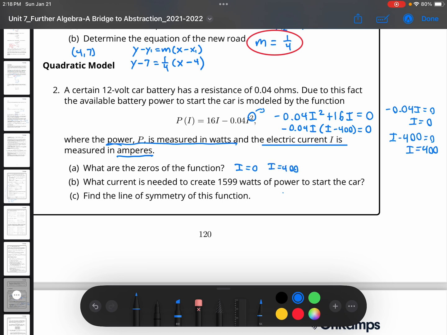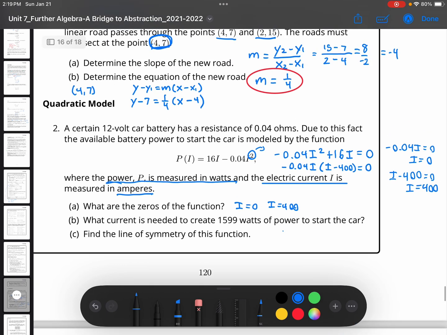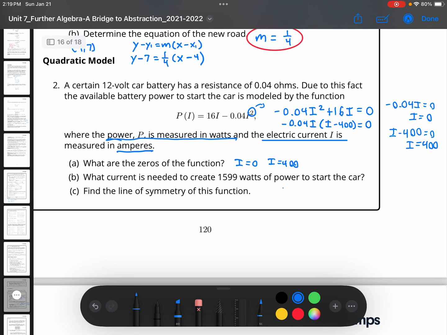Now, in the very next question, this is actually a simple question, especially if you figured out what I said here, that P is measured in watts and current I is measured in amps. What is the current?